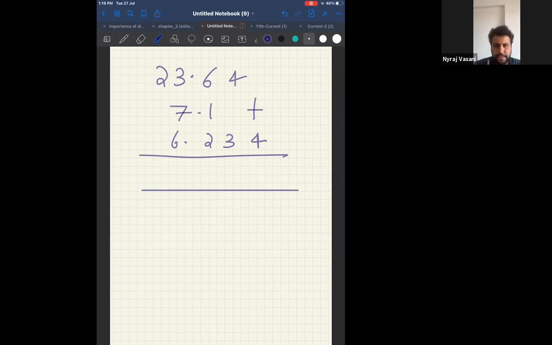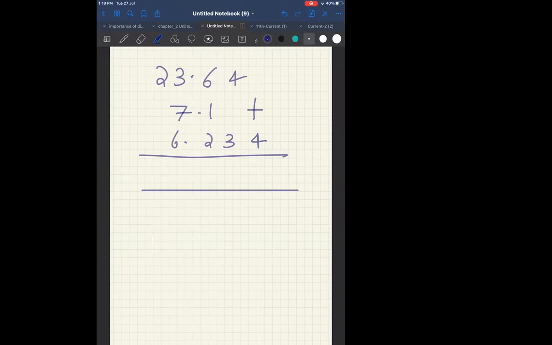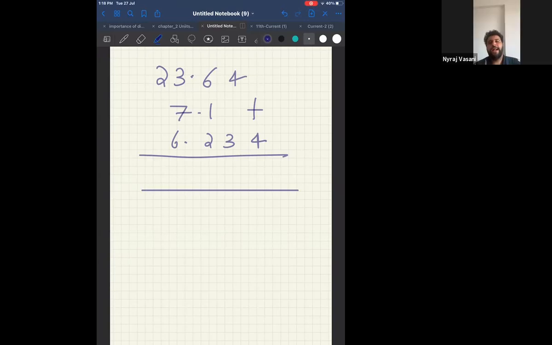This is applicable in all chapters of physics, and in all problems. Now you're adding three numbers. You notice that the first number has 2 decimal places, the second number has 1 decimal place, and the third number has 3 decimal places.